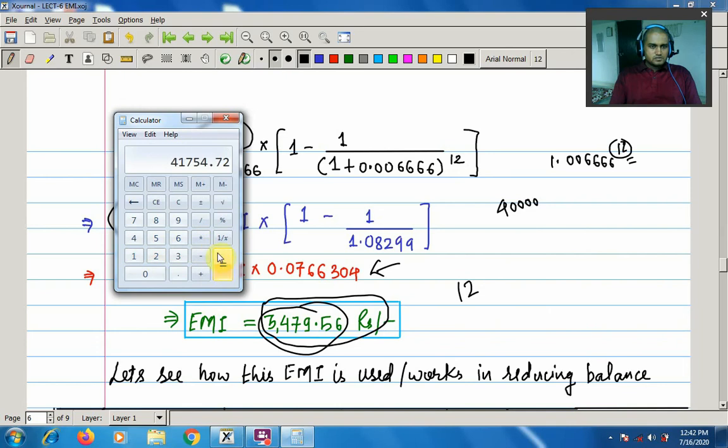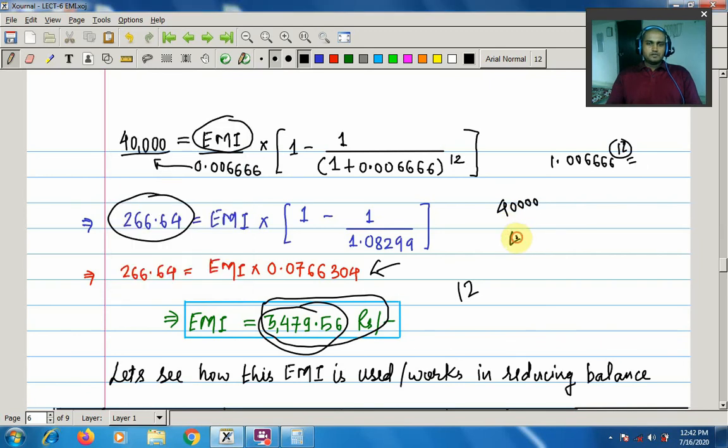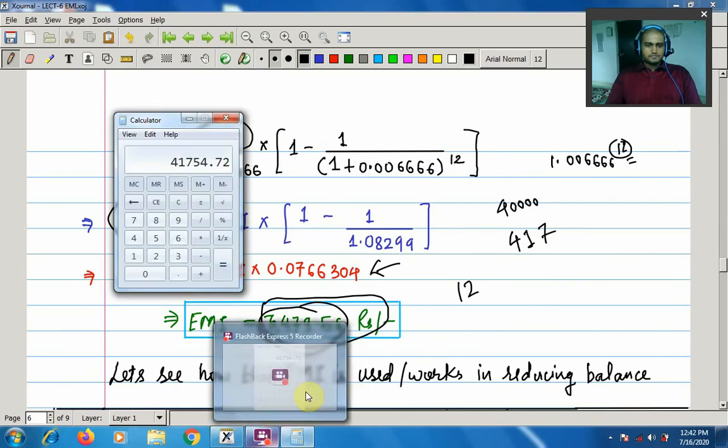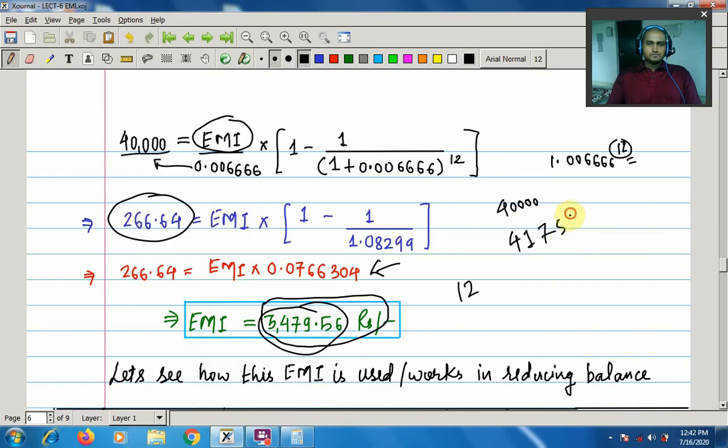So you are paying 41,754 rupees and 72 paisa. You borrowed 40,000, so how much interest are you paying? The interest amount is 1,754. This is the extra money you are paying in the reducing balance method.